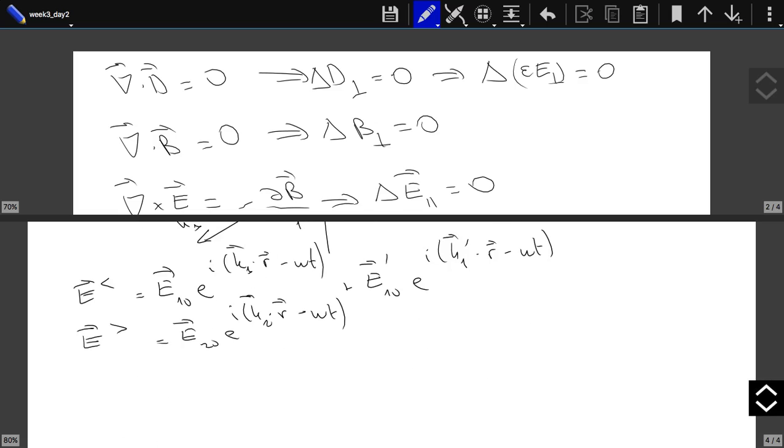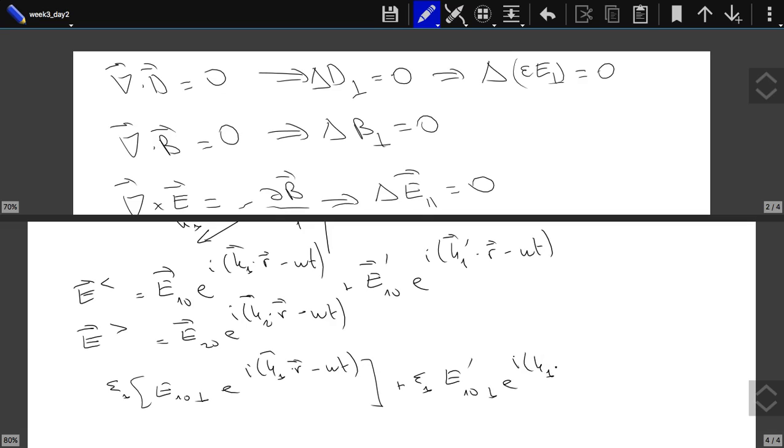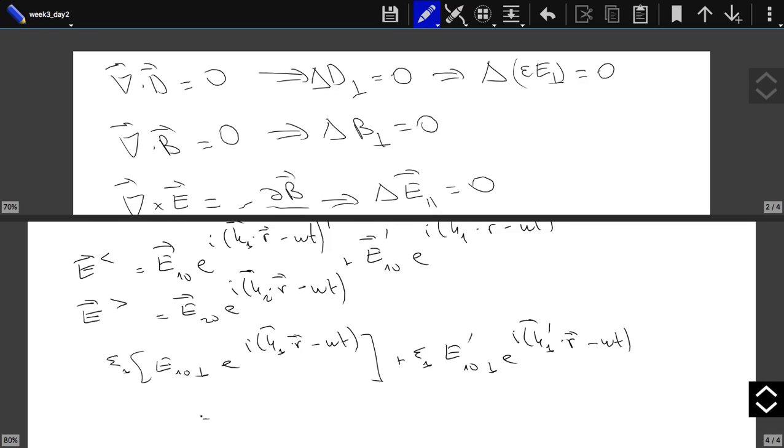Well, let's say the first condition. It tells me that epsilon 1 times E10 perp e to the power i(k1 dot r minus omega t) plus epsilon 1 E10 prime perp e to the power i(k1 prime dot r minus omega t) should be equal to epsilon 2 E20 perp e to the power i(k2 dot r minus omega t).